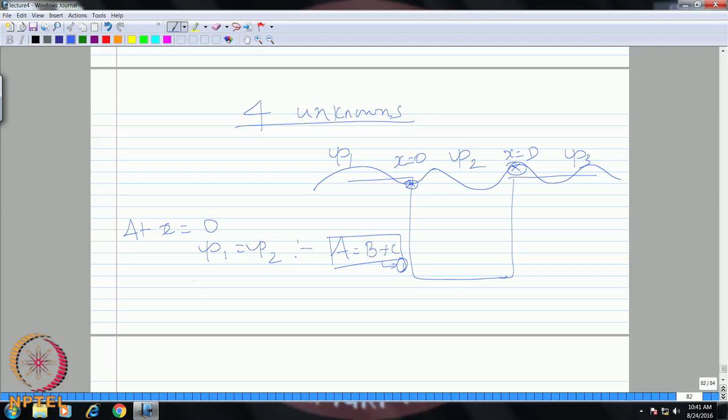Then the fact that the slope should also be equal at x equal to 0 gives you that k1 a should be equal to i times k2 into b minus c.